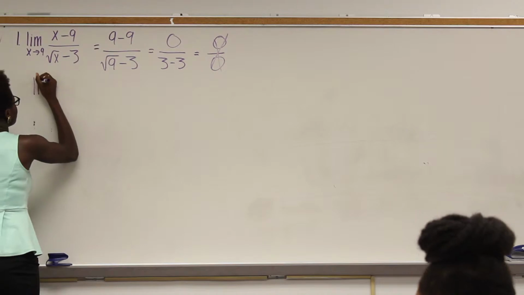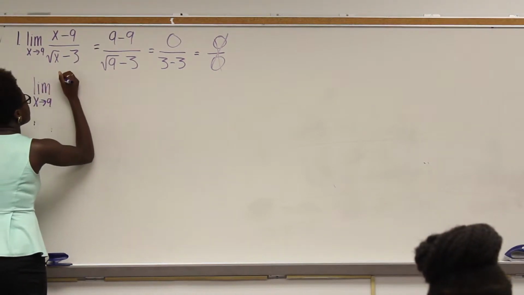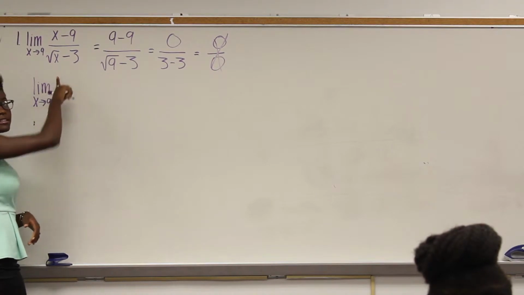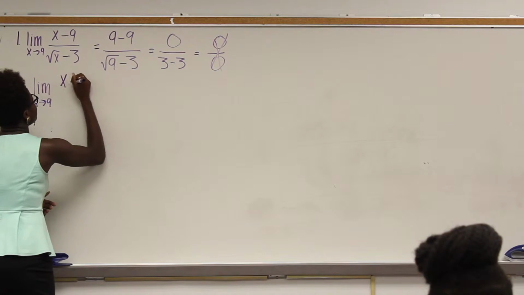Because this has a radical sign in the denominator, the best thing to do is to rationalize this function.